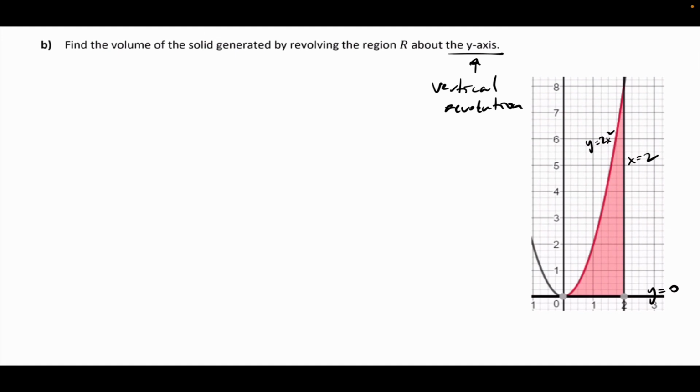Okay, so that means dy. So that means we're going to have volume equals pi times big R minus little r squared dy. So we go from right to left. The right is the very right of the shaded part, which is x equals 2.